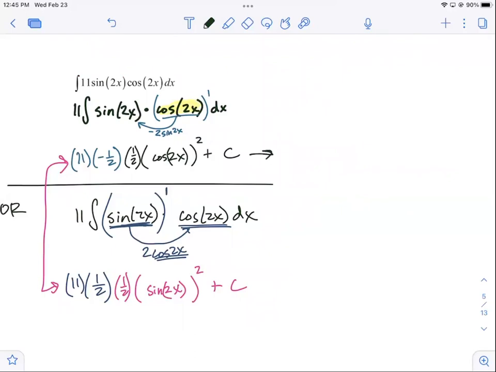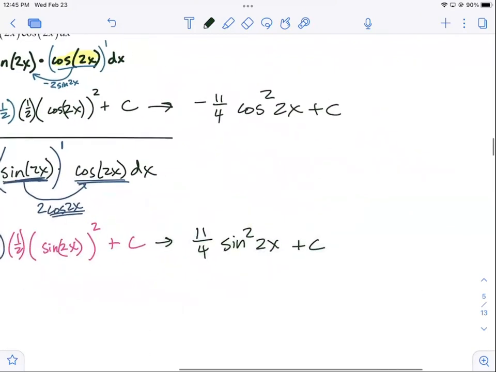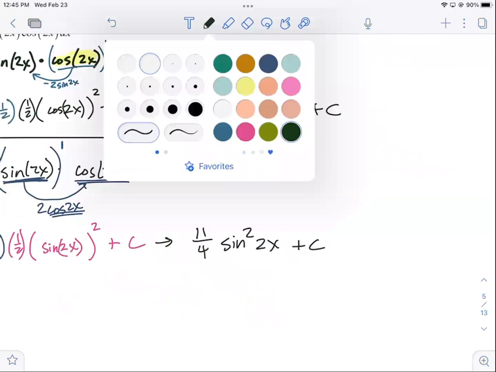If I simplify this, I get negative 11/4 cosine squared of 2x plus c. And over here, I get positive 11/4 sine squared of 2x plus c. These should only differ by a constant. Let me show you what I mean.